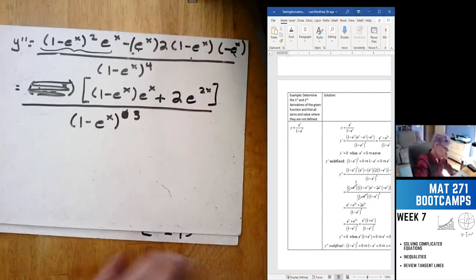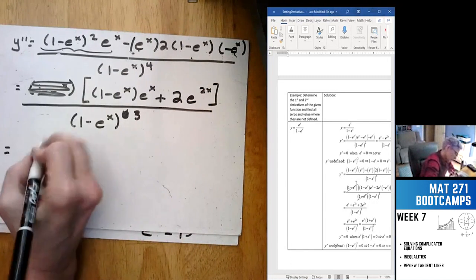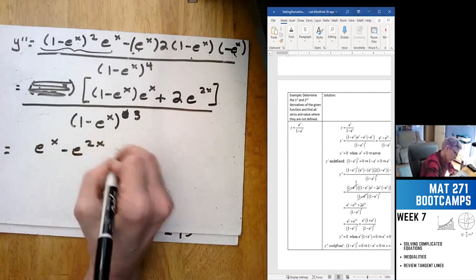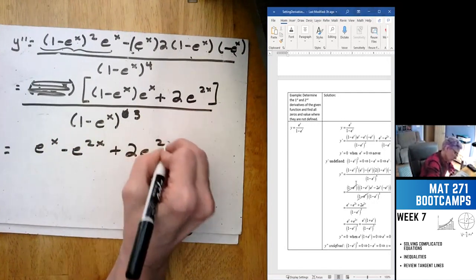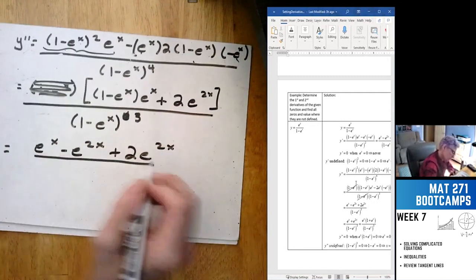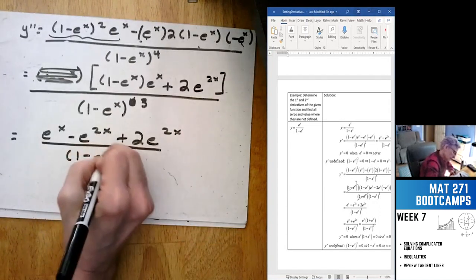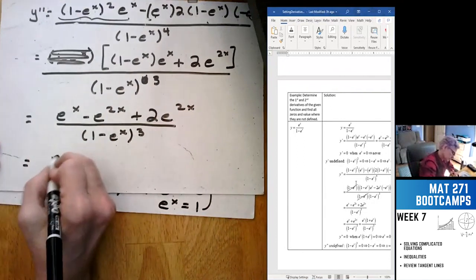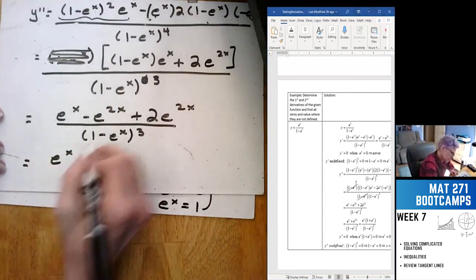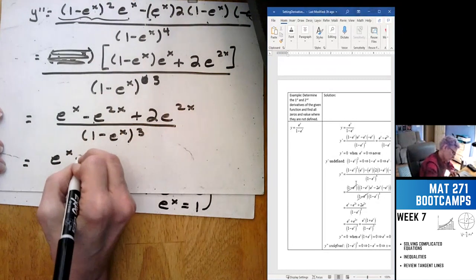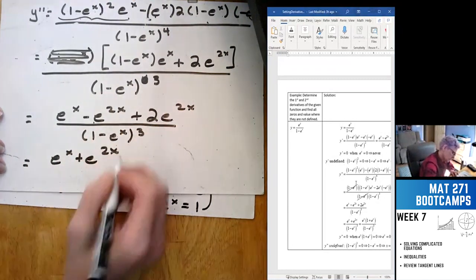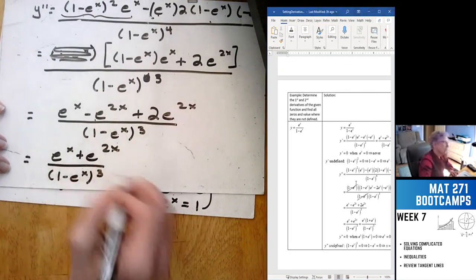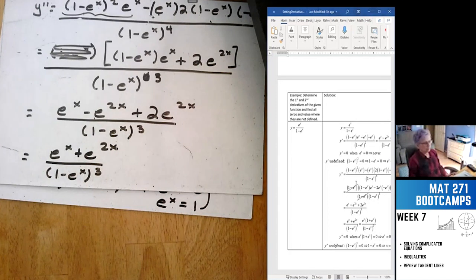And that's a lot simpler. Life's getting better. So I have e to the x minus e to the 2x plus 2e to the 2x, all of that over 1 minus e to the x to the 3rd power. E to the x minus plus, so that gives me plus e to the 2x over 1 minus e to the x cubed. Whew.